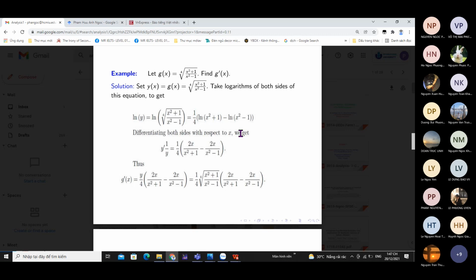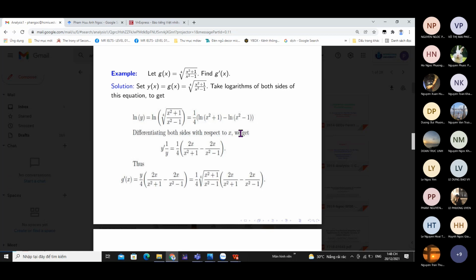The derivative of the left-hand side gives you y prime over y. Keep in mind that y here is a function of x, so we apply the chain rule here. The derivative of the right-hand side is easy. We apply the chain rule here: 1 over x squared plus 1 times the derivative of x squared plus 1, which is 2x.